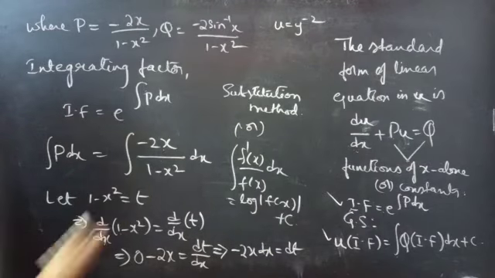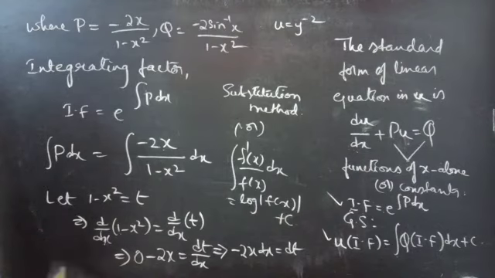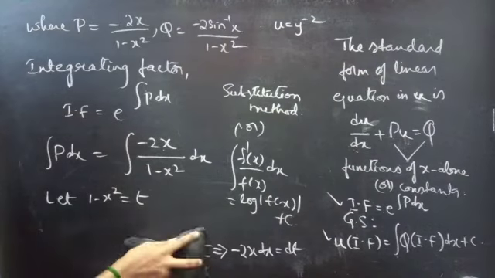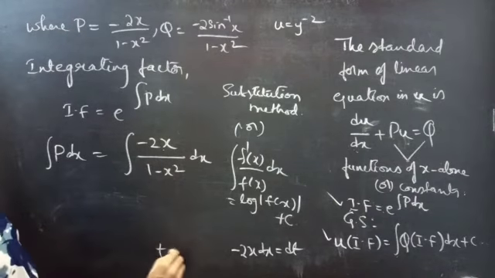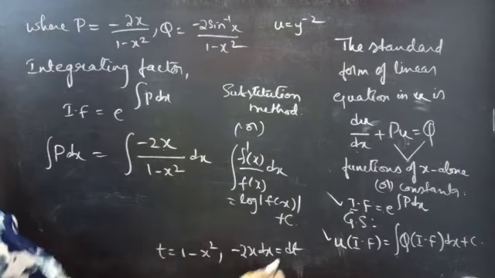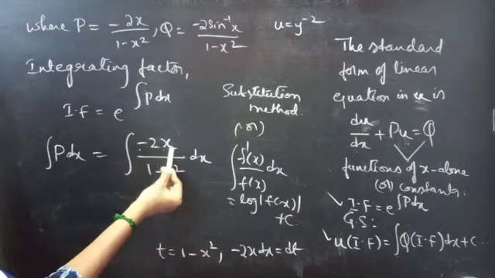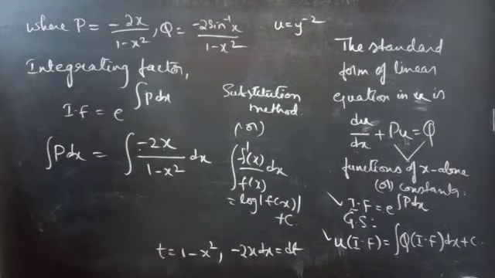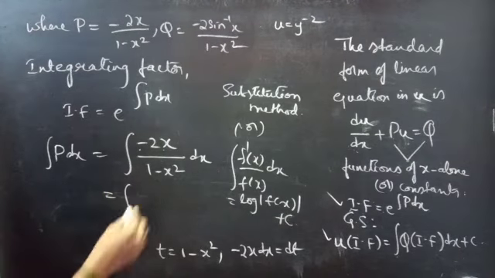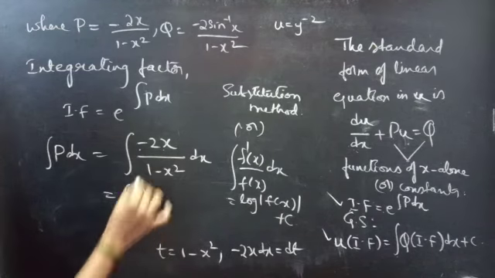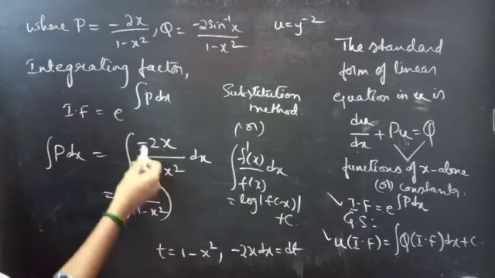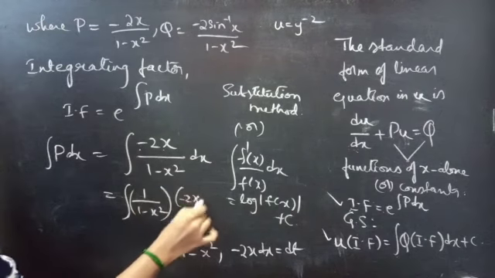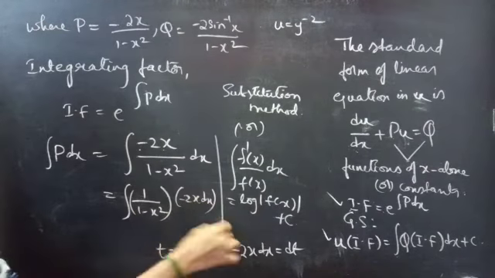Now we can substitute t, and replace minus 2x dx by dt. I'll split this as 1 by 1 minus x square into minus 2x dx. It will be easy.